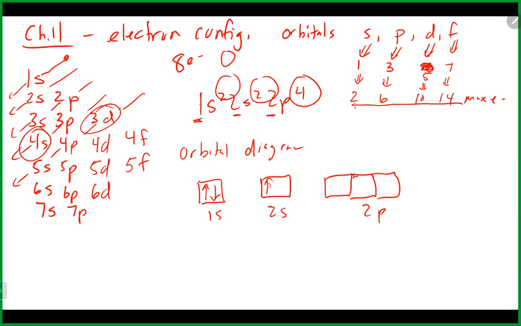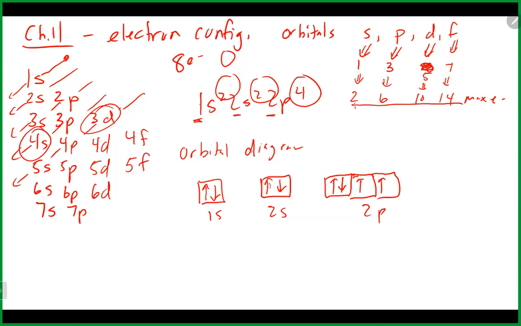Again, we go up and then down. Remember, when we have a subshell with a set of different orbitals, electrons go in one at a time first. And once they have filled up one at a time, they will then go back and pair off. So that is the proper way for them to go in.